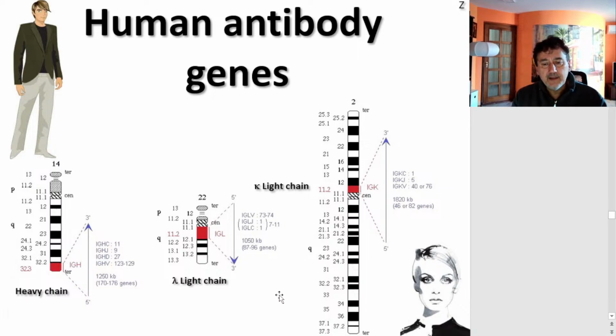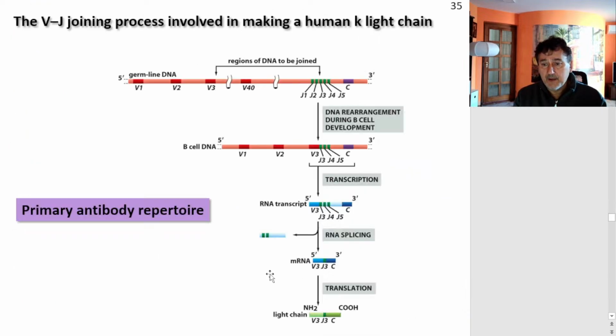And here you can see where they are located on distinct chromosomes. The heavy chain genes are located at the terminal region of chromosome 14, while the other two, the light chains, are on chromosome 22 and chromosome 2. So what happens? And what is the logic for this?